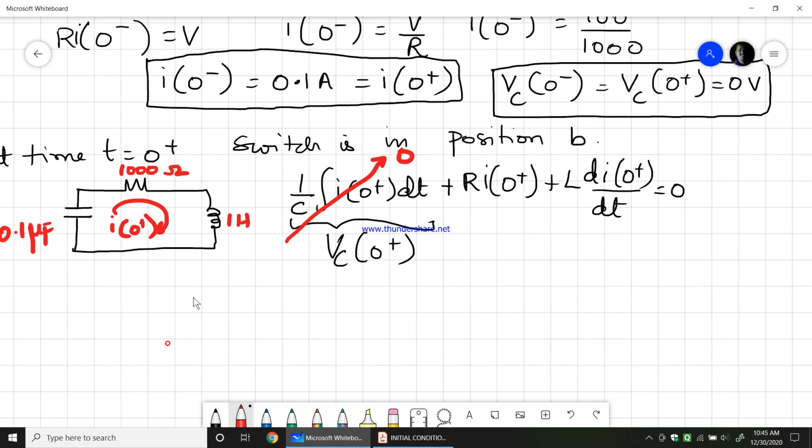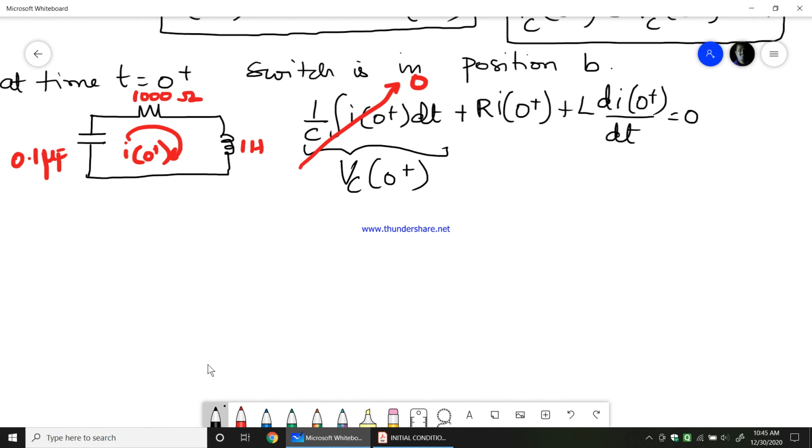So what would be the solution now? R into i(0+) plus L into di(0+) by dt equals 0.